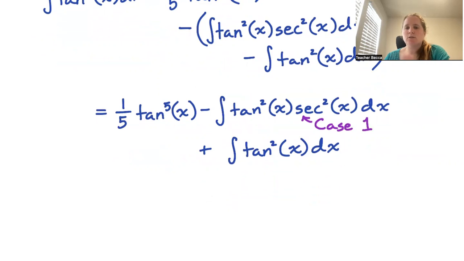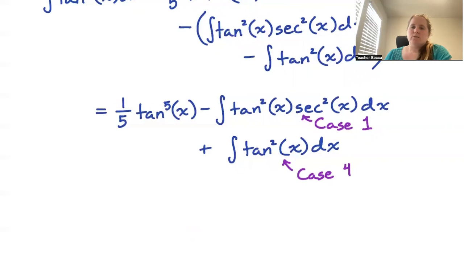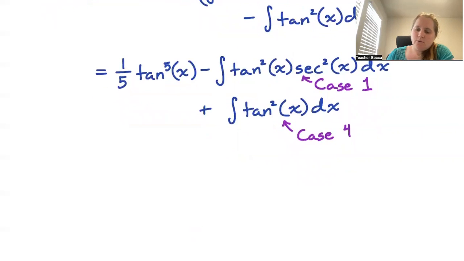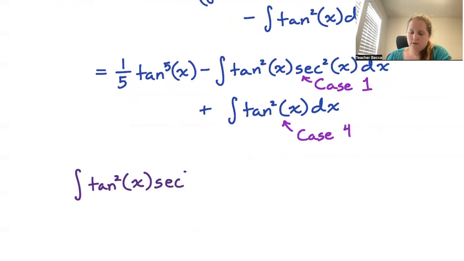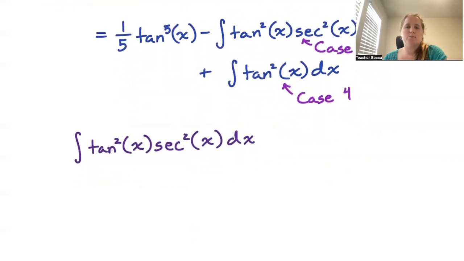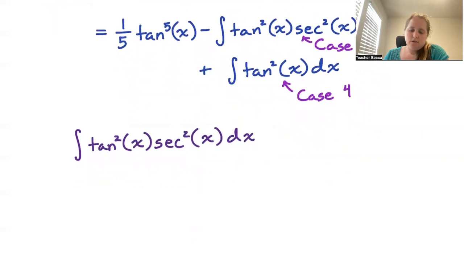Integral of tangent squared, one more time, we are at case 4, even power on tangent with no secants available. So we are going to do 2 more integrals. The integral of tangent squared of x, secant squared of x dx is perfectly set up for u substitution. We will do u sub.